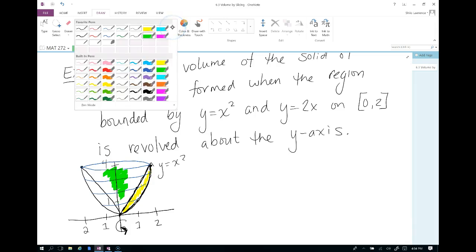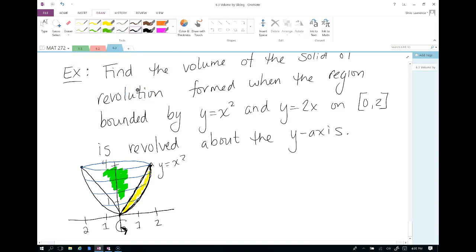So to help decide which function to write first and which function to write second, you need to draw your slice. And remember, the slice is always perpendicular to the axis of revolution. So here's your slice. You can draw it all the way to the axis if you want, especially because this one's kind of small. There's my slice.